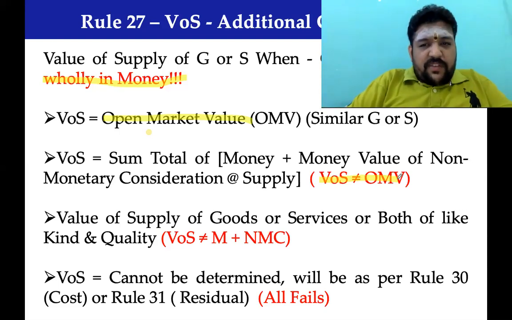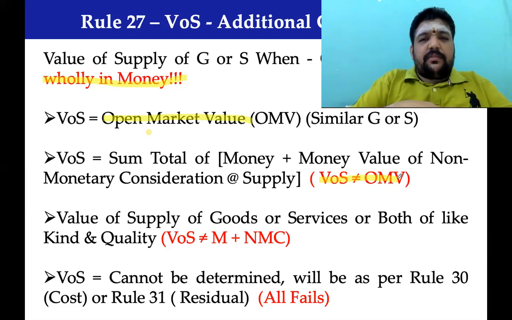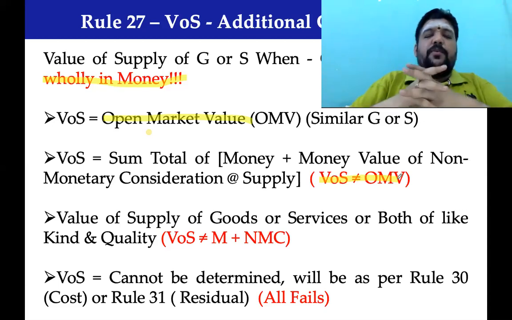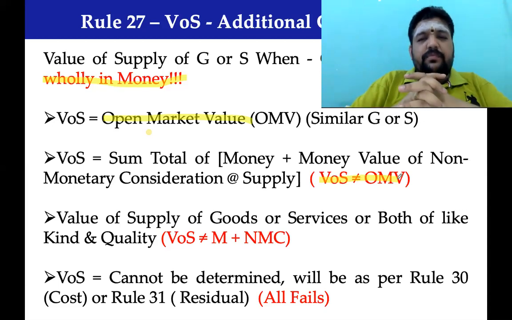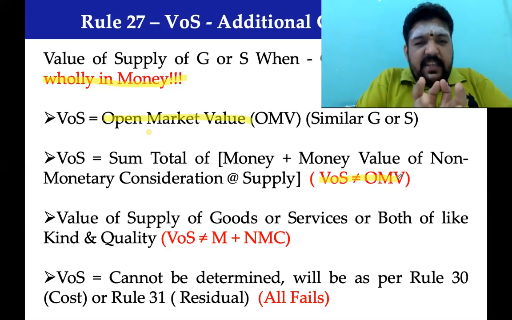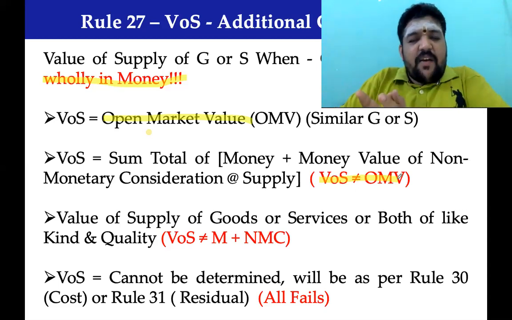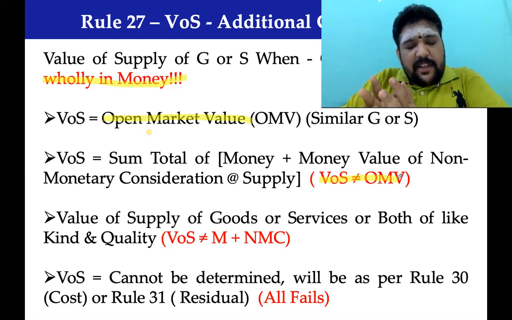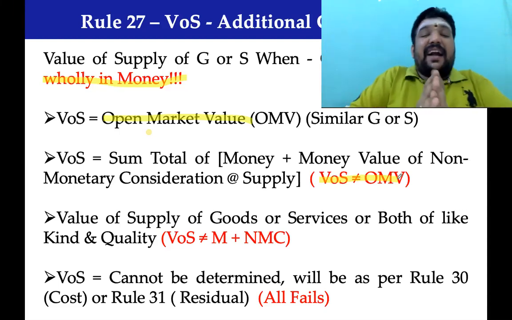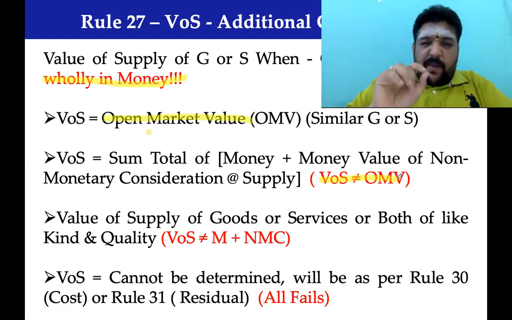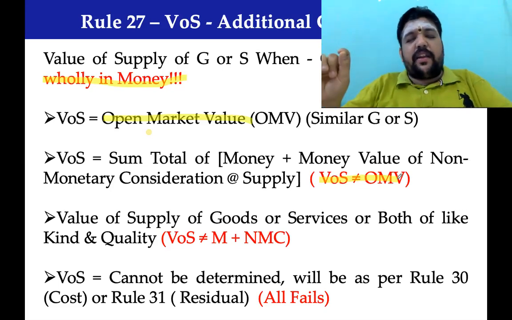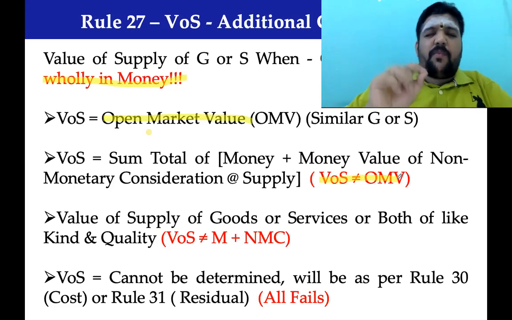If value of supply cannot be determined as per open market value, then the value of money received plus the value of non-monetary consideration, the aggregate of both, will become the value of supply.